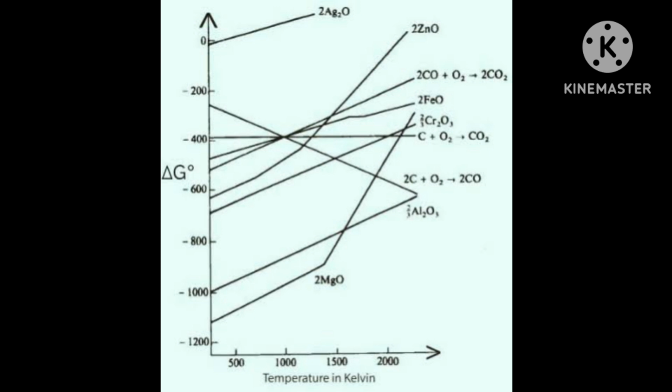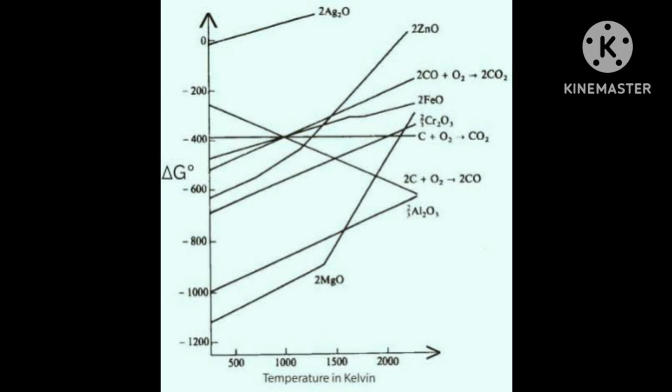Suppose carbon is taken: first it converts to CO, and in the second step CO plus half O2 converts to CO2. Half C plus half O2 gives half CO2, correct or not? This way also you can write. But in both cases carbon is converting into carbon dioxide.